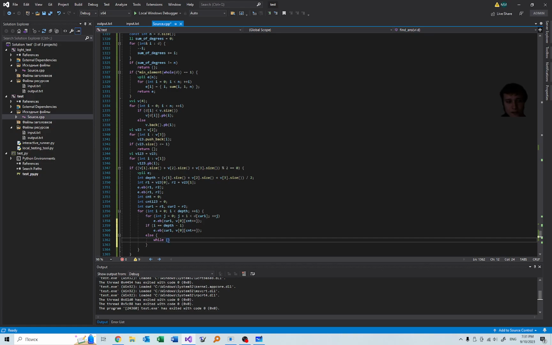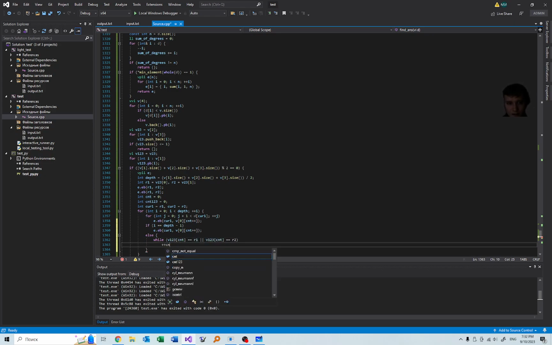So while v[1] to 3 cnt equals r1 or v[1] to 3 cnt equals r2, I need to make cnt plus plus.